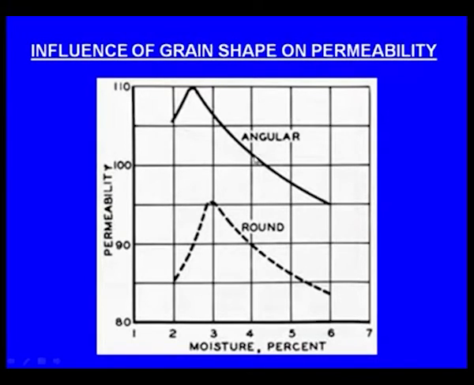Similarly, let us consider angular grains. The moisture content starts from 2%, and when it is about 2.5%, the permeability is maximum. Once the moisture content is more than 2.5%, the permeability is slowly coming down. So this is the influence of the grain shape on the permeability. From this graph we can know that angular grains offer the higher permeability.